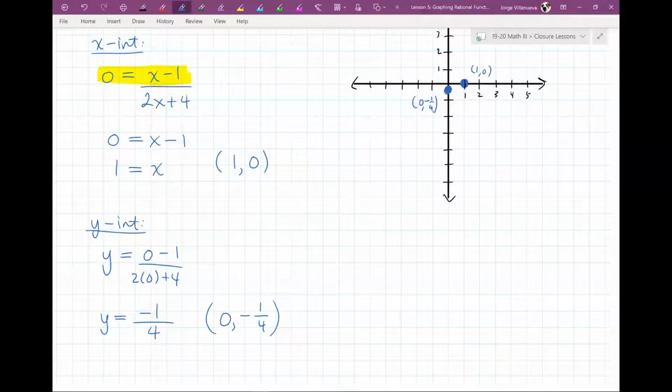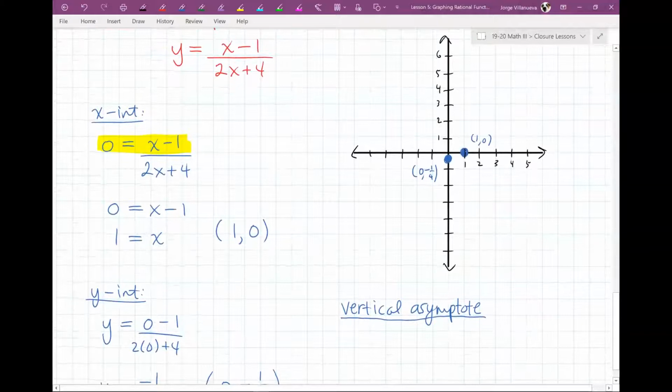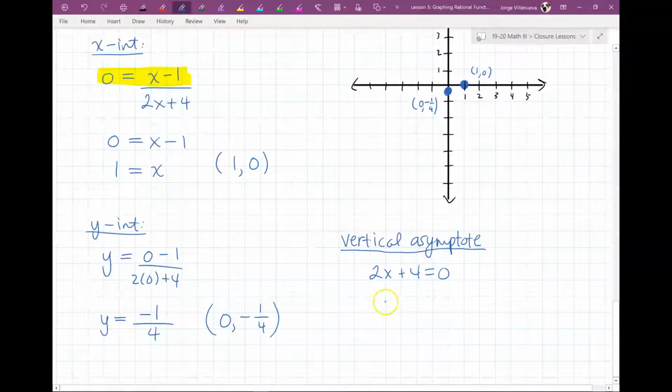Let's check out what else we get for this. We're going to find the vertical asymptote next. The vertical asymptote says get your denominator, which is 2x plus 4, and set it equal to 0. When I do that and start solving, I get 2x equals negative 4.